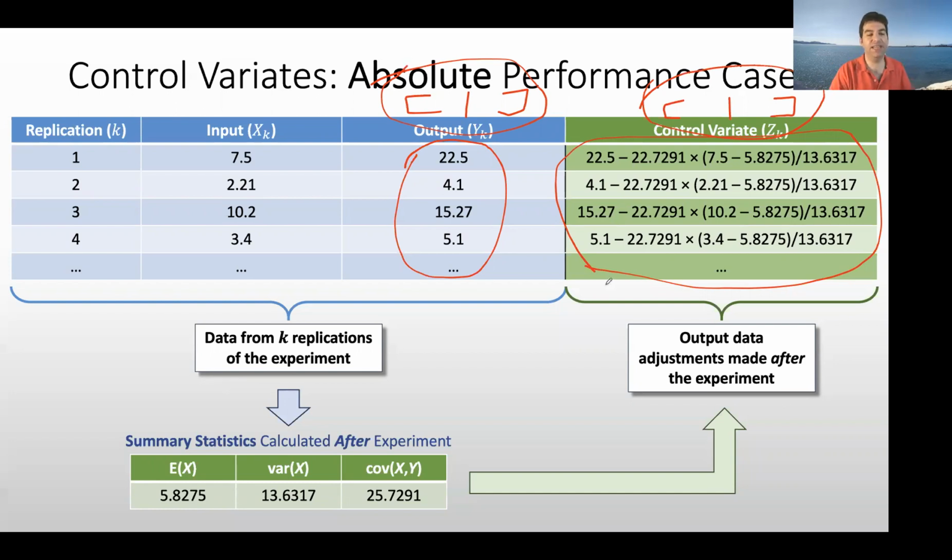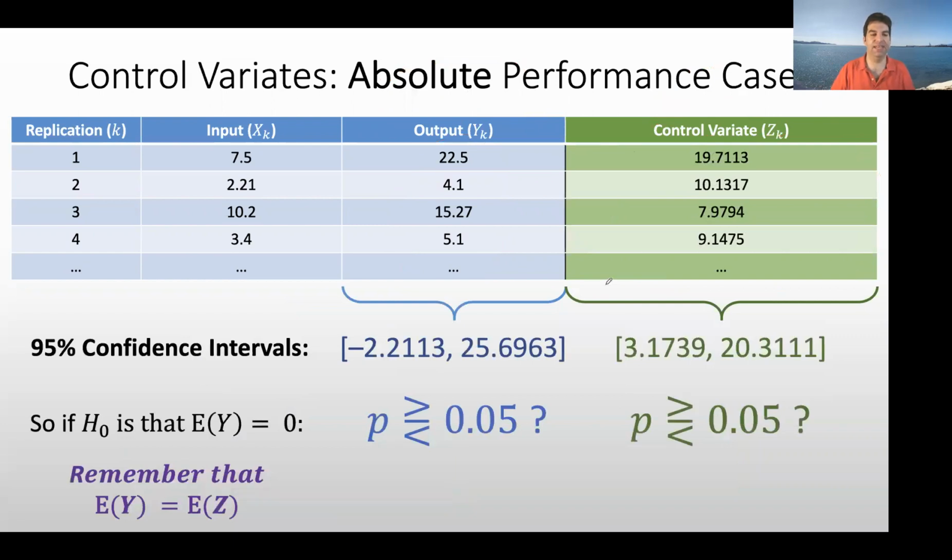And so as an example, when I ran the numbers for this particular example, this is just what I end up getting. So for this output measure, I got an insignificant confidence interval. So if I am comparing this to 0 to say, is this significantly different from 0? This confidence interval, I can't tell the difference. I have no idea. There's just not enough data for me to discriminate between the output of this simulation and 0.